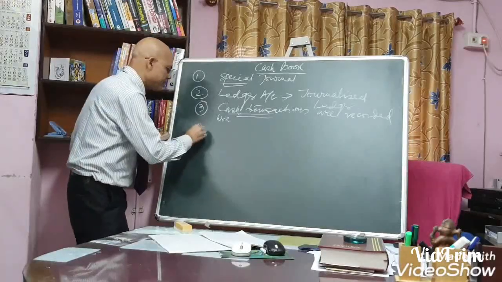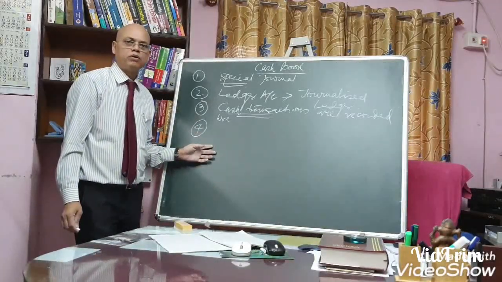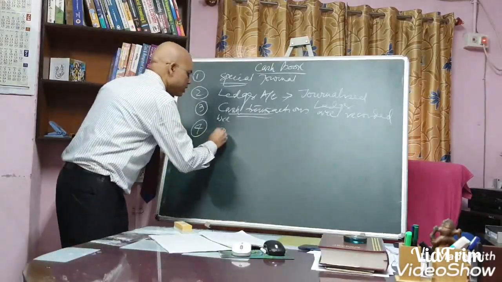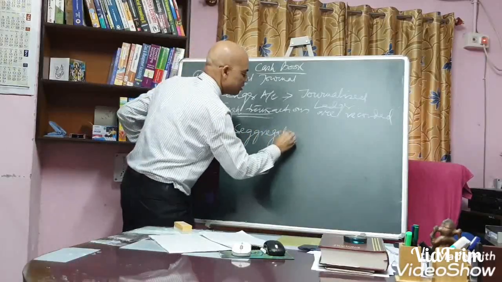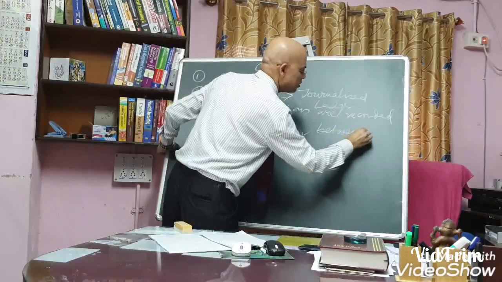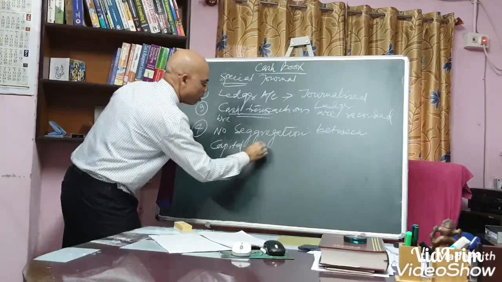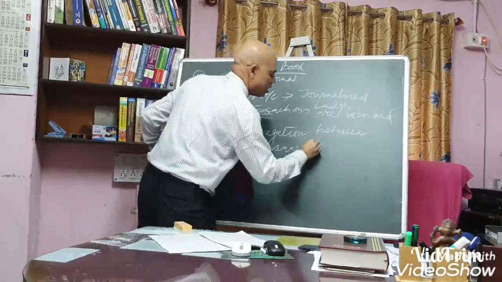And naturally, the very important point is that when we are doing the cash book, we make no segregation between capital or revenue items.